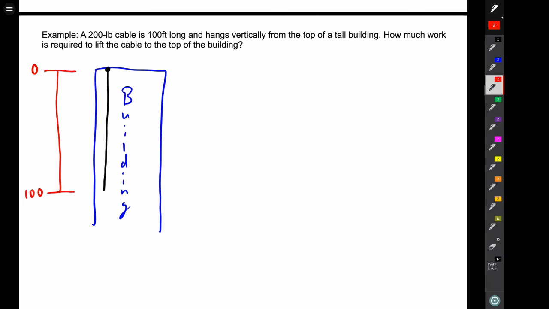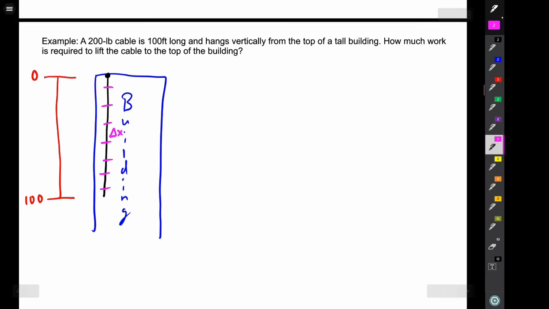Right? So here, to figure that out in this situation, what we need to do is take this cable and cut it into a bunch of tiny pieces. And each piece here, we're going to give a length of delta x.